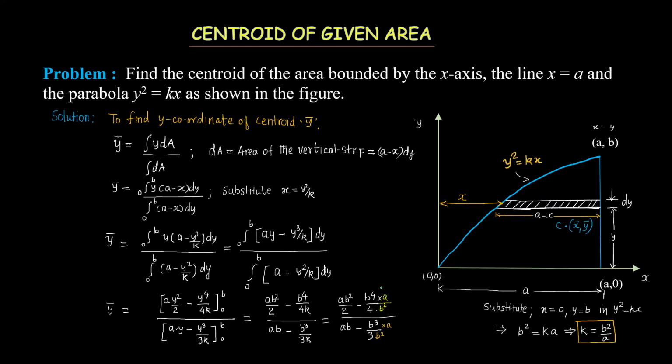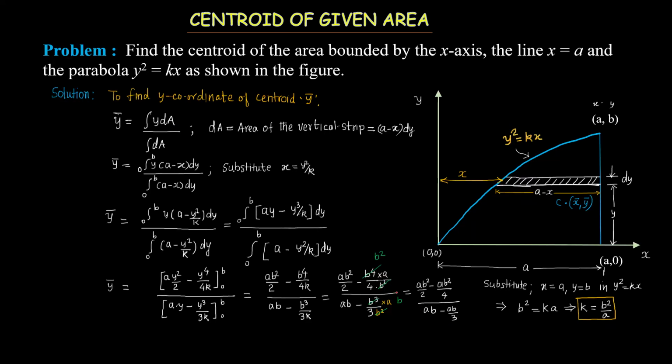So you can easily cancel out b raised to 4 and b square. I'll be getting b square in the numerator, and here b square and b cube, only b will be left in the numerator, friends. So your expression gets simplified like this: ab square by 2 minus ab square by 4 in the numerator, and in the denominator, friends, ab minus ab by 3.